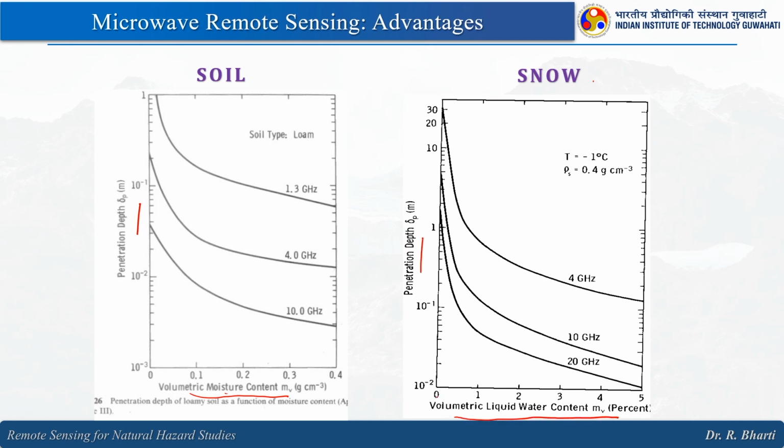So, when we have less liquid water content, the depth of penetration is high. When we have more volumetric liquid water content, the penetration is less. Similarly, penetration depth is high when moisture content is low. So, that means it is significantly influenced by the dielectric properties of the target.